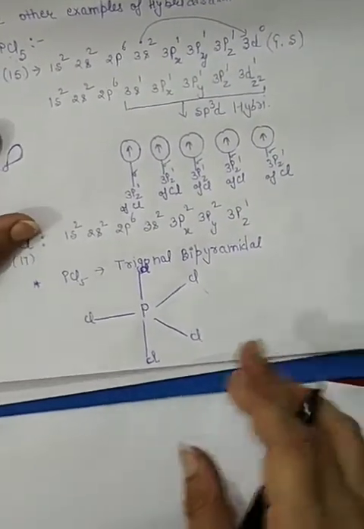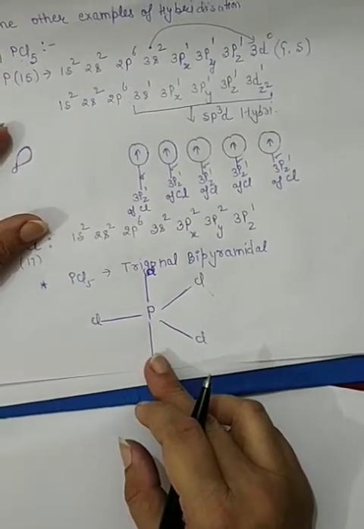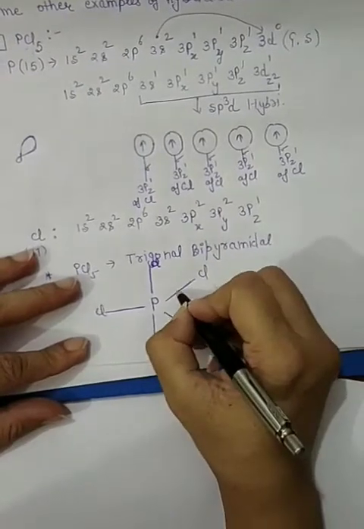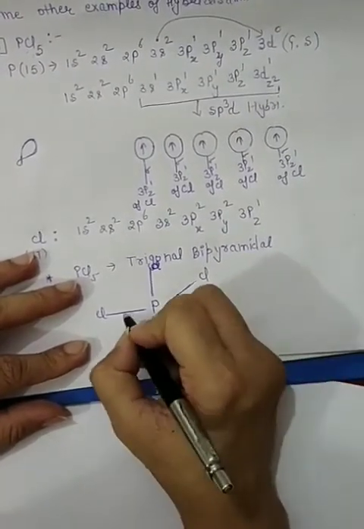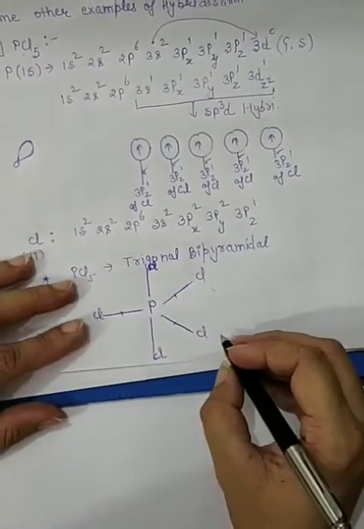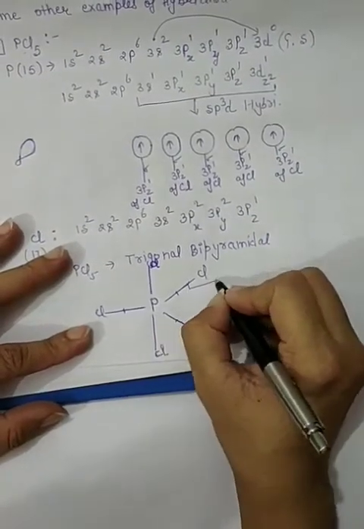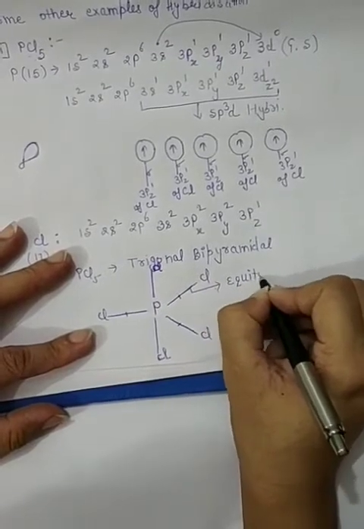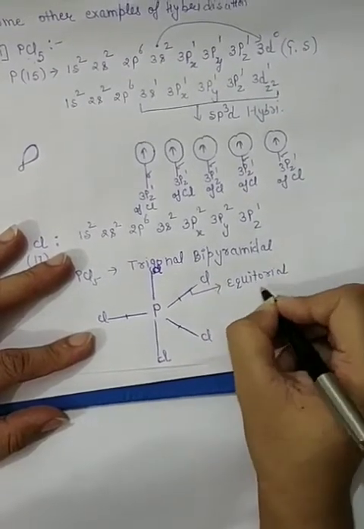Now here two types of bonds are present. These bonds which form the triangular geometry are called equatorial bonds.